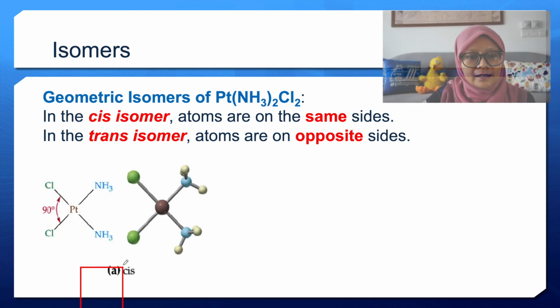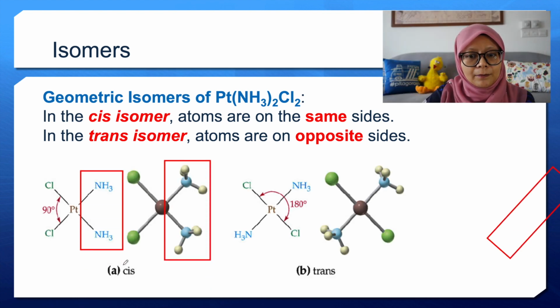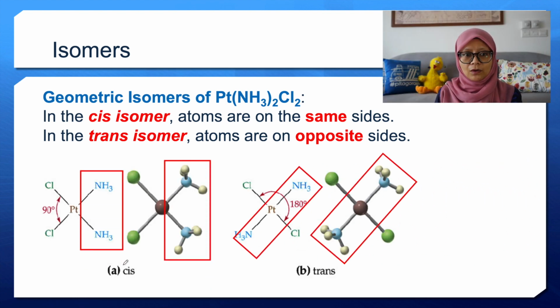For example, here we have a platinum complex. It can exist as cis and also trans isomers. This is the cis, where we have similar or identical ligands at the same site, for amine and also chloride.